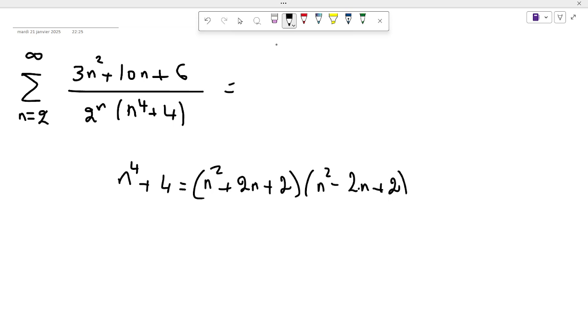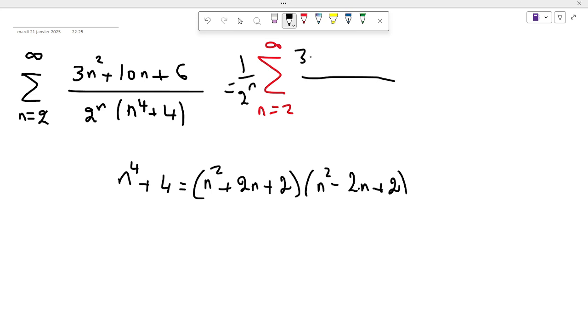Which means that our sum is equal to the sum from n equals 2 till infinity, where we can pull 1 over 2 to the power n out of here.